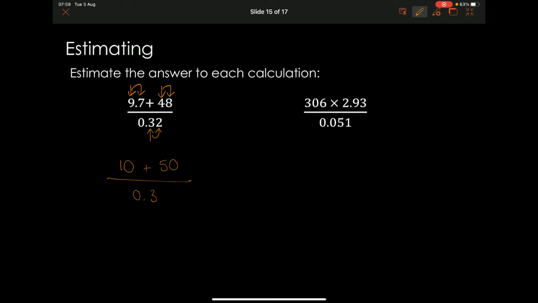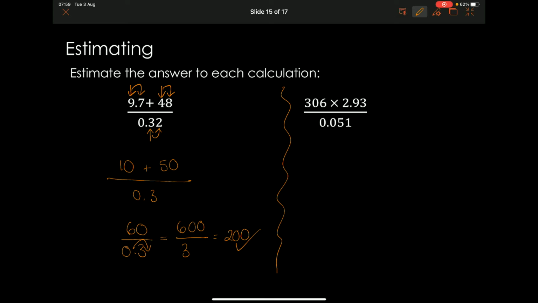So that 0.3 would stay like that. And then on top you'd have 60 over 0.3. Now, I know that looks a little bit tricky, but what we could do is times everything by 10. If I times everything by 10, that makes that 600. And remember, when you times by 10, you move the decimal point, making that 3. So 600 divided by 3 is 200. So that's your answer for that one.